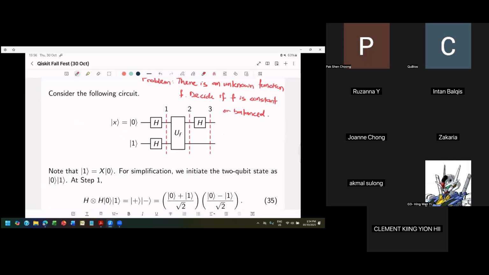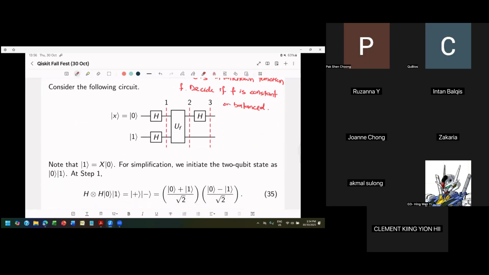So we go through the whole circuit step by step. If you are doing this with Qiskit, usually the qubits over here initialize in zero states.